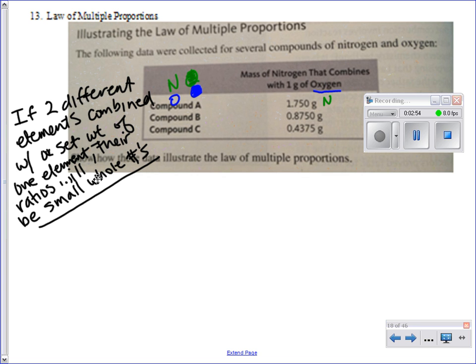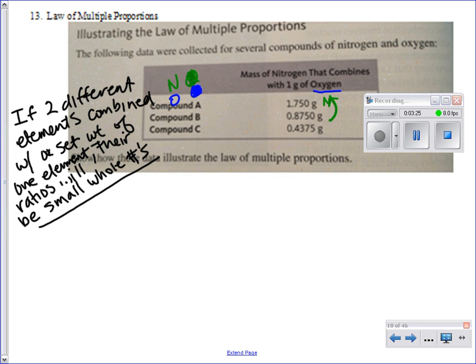Now, the next thing I want to do is compare my nitrogens and how they're different in each compound. The amount of oxygen is the same, so we don't have to really look at the relationship. But for instance, let's go from compound B to compound A. What happened to the amount of nitrogen, proportionally, from B to A? Well, yeah, it increased, but let's be more specific.